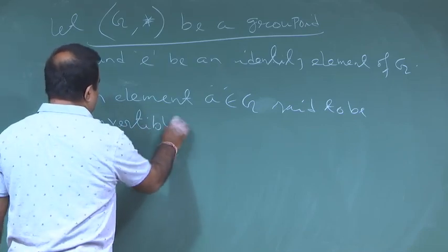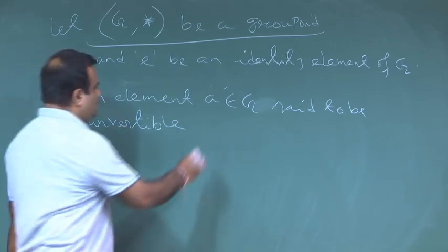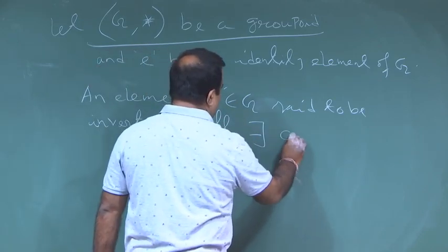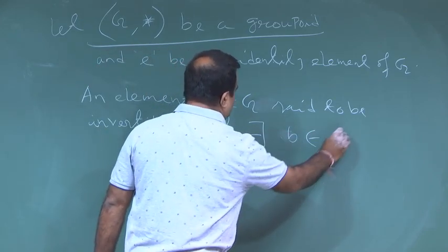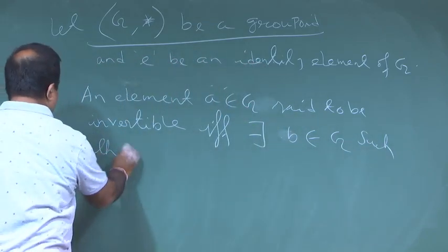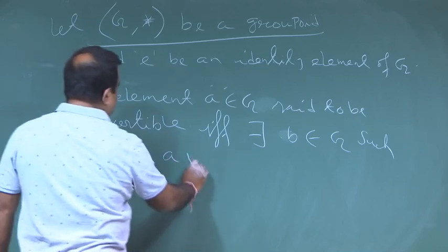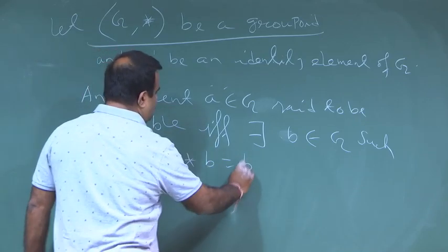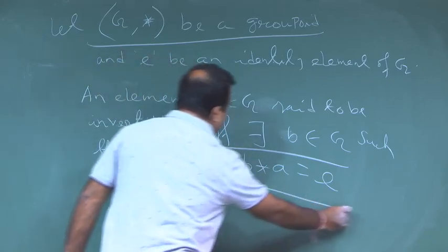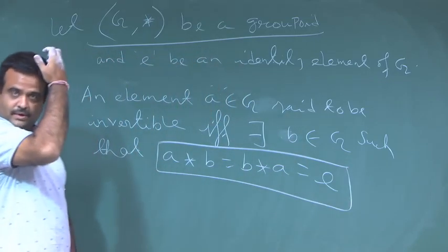Invertible if and only if there exists an element B from G such that A star B is equal to B star A is equal to E, the identity element. Okay.